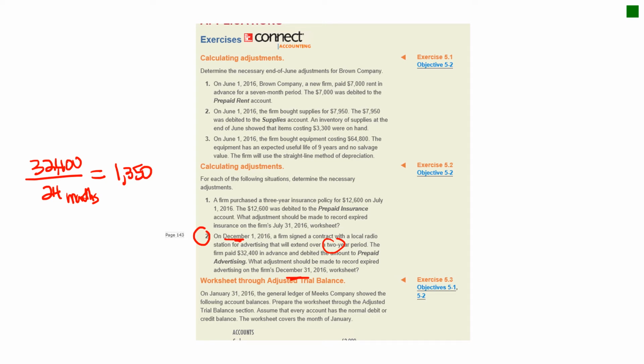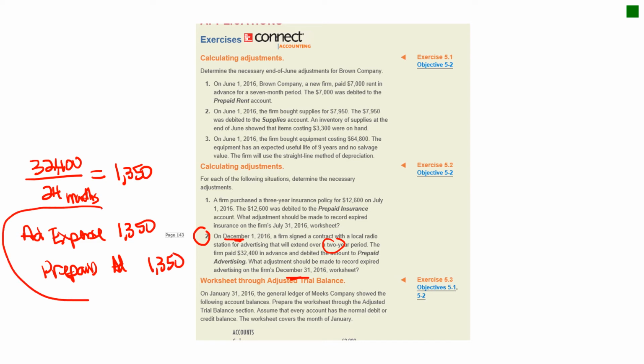That's actually your adjustment. So in this case, we'll just use advertising expense for $1,350, and we'll credit the prepaid advertising for $1,350. That would be your adjusting entry on number 2.